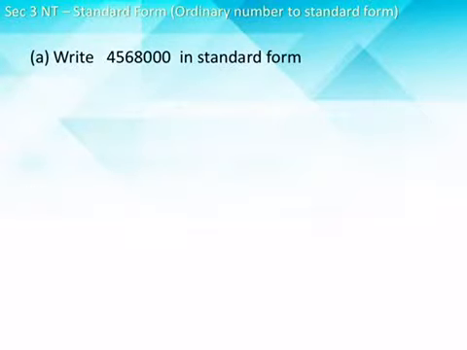Standard form. Now write the following numbers in standard form. What is the property of standard form? It needs to have the form a times 10 to the power of n, where a is greater than or equal to 1, but less than 10.